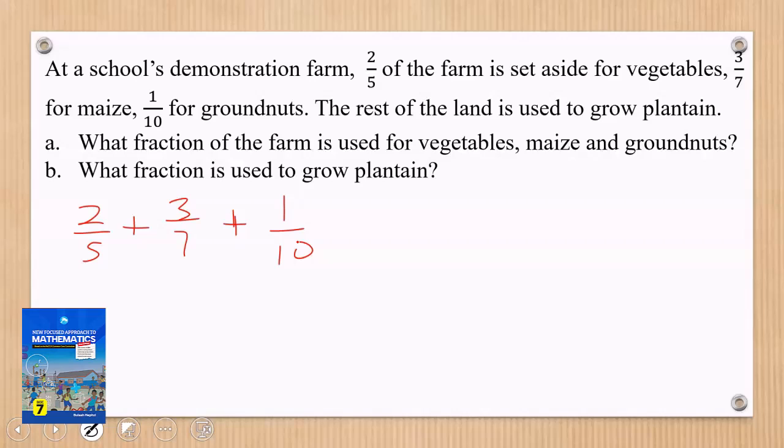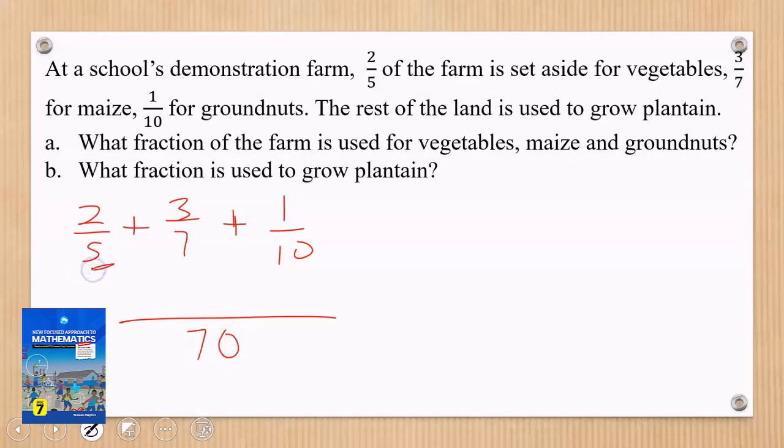When we add all this together, we need to find our LCM. We already know how to find the LCM of a given set of numbers. With this one, our LCM is going to give us 70.